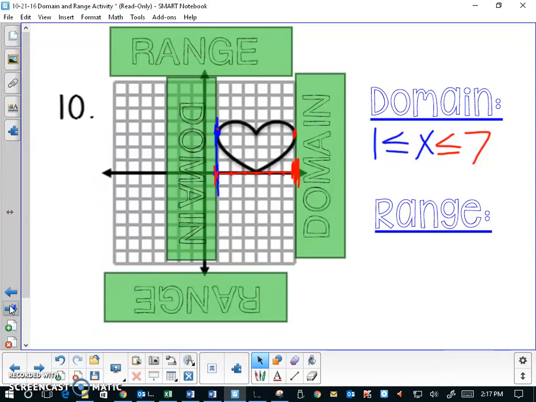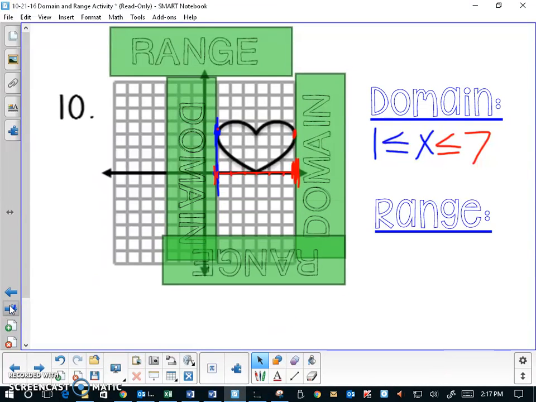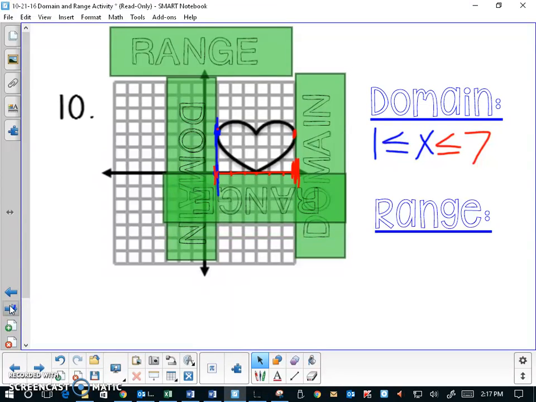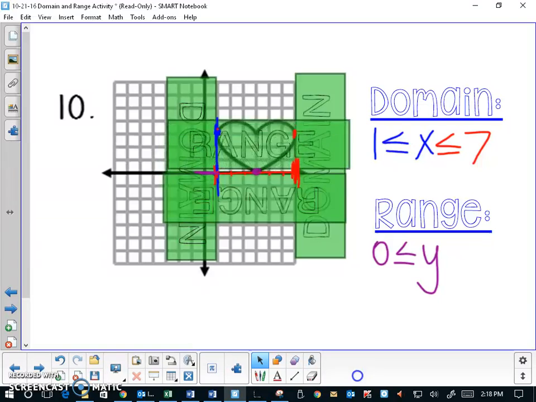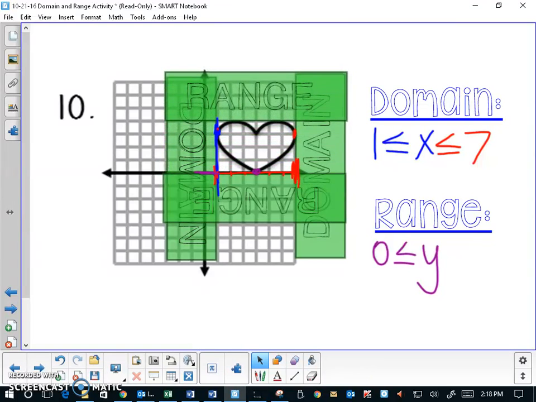Now let's look at the range. So start at the bottom, right there. This point right here is the lowest point on this heart, which crosses the y-axis, because these are your y's, at 0. And it's actually a point, so we put less than or equal to. And then we continue up, and there we go.